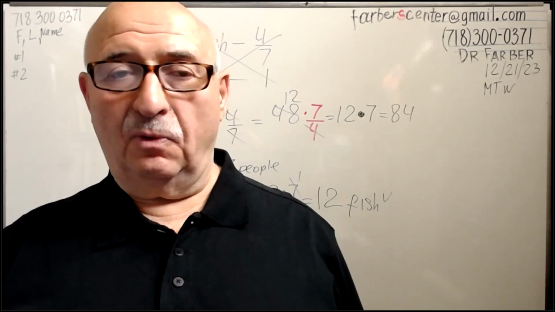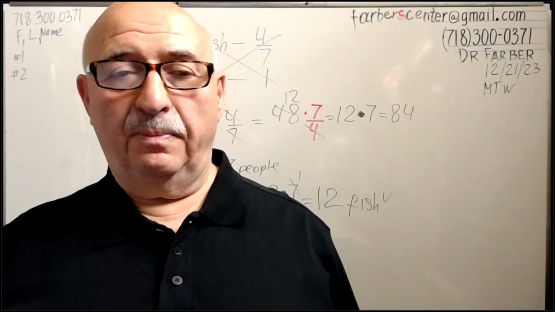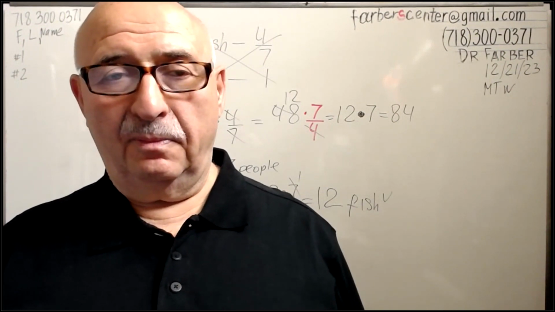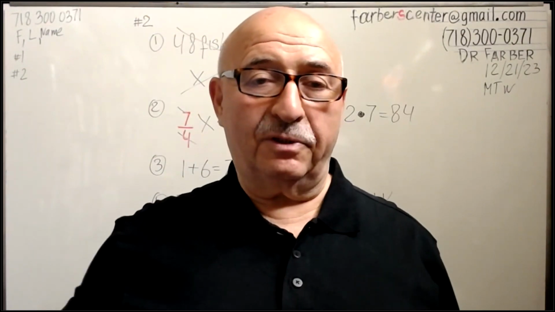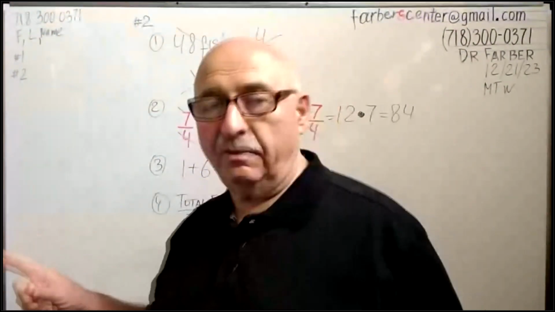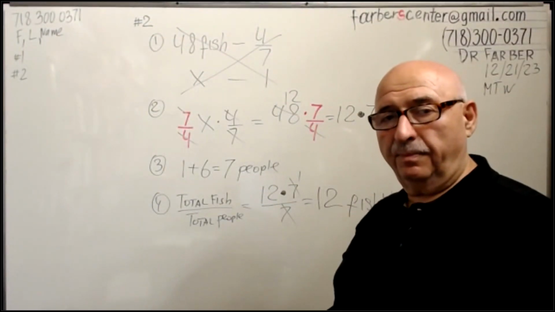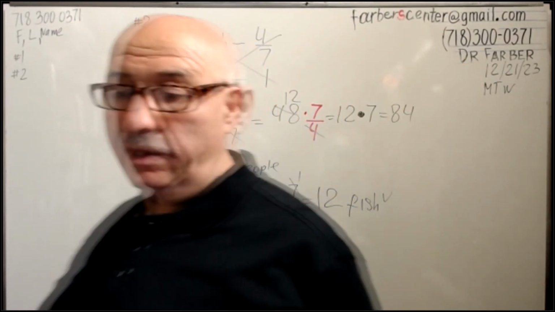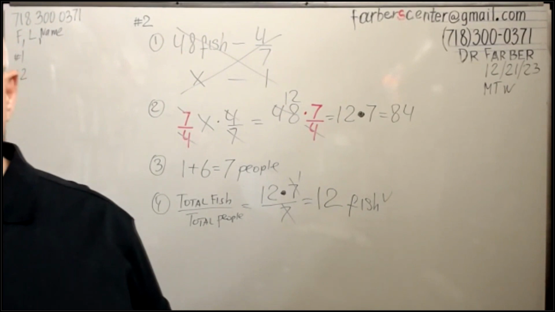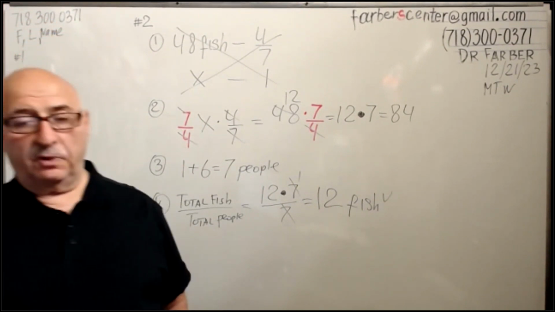No, total 84, but you will get how many? 42. 42, yes. Why? Because we have 2 sisters, right? 2 people. In this case, we have how many people? 7. And the question is, how many fish does each person get? Divide by the number of persons. Okay, thank you.